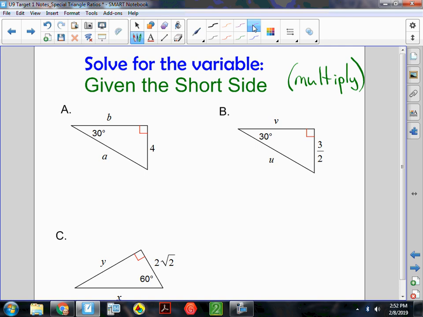When you see your 30-60-90 triangle, you can go into each triangle before you do anything and write down the ratios. The short side is 1, the long side is root 3, the hypotenuse is 2. On to B, the short side is 1, the long side is root 3, the hypotenuse is 2. And then C, the same.